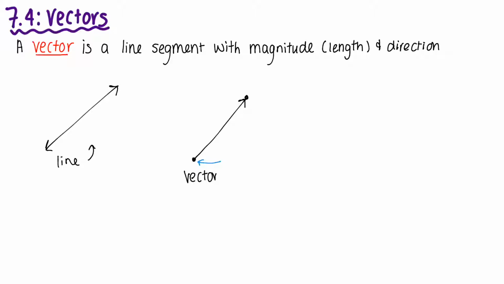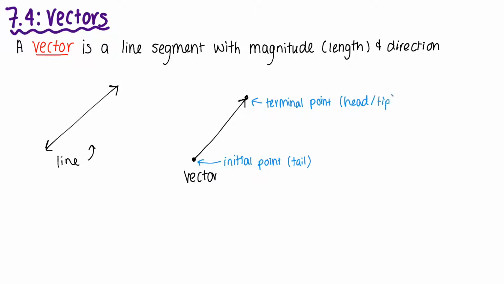The place where the vector starts, we call the initial point or the tail. And the point where it ends, we call the terminal point, or the tip, but I like to use the word head.